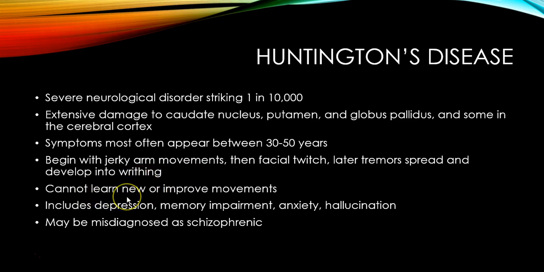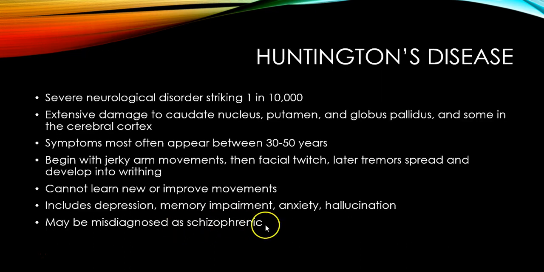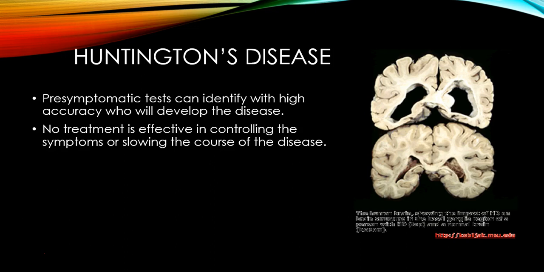Patients can't learn new or improve their movements. This disorder includes depression, memory impairment, anxiety, hallucinations, and may originally be misdiagnosed as schizophrenia, and eventually leads to death. And it's a very, very difficult disorder, and we don't have any treatment for it.